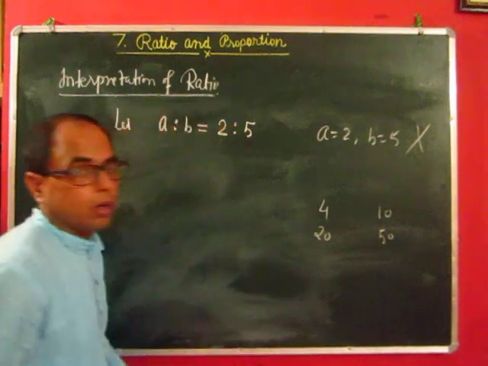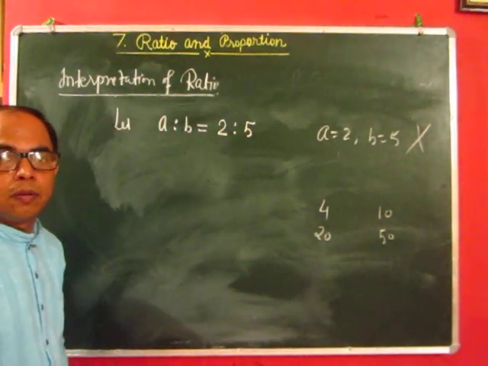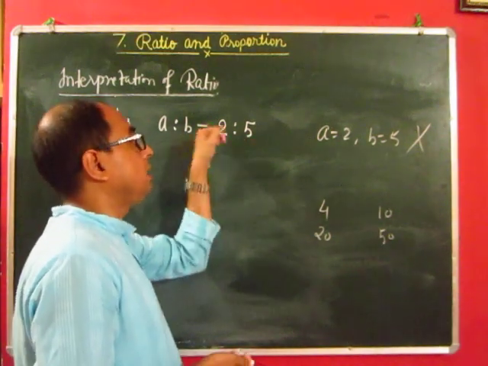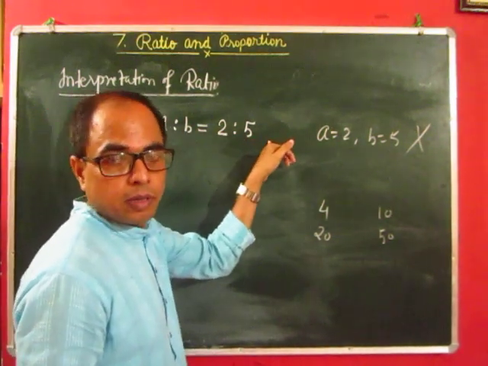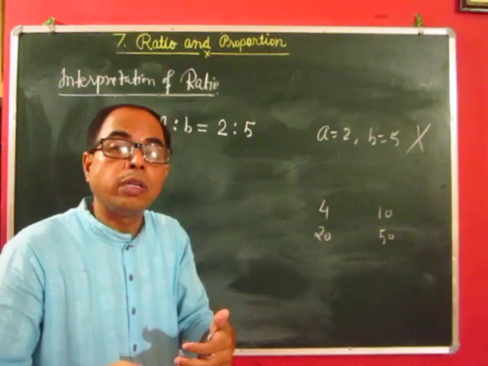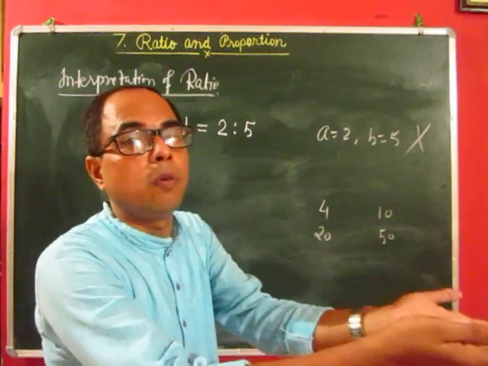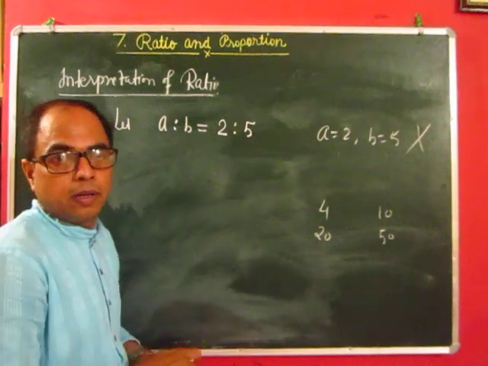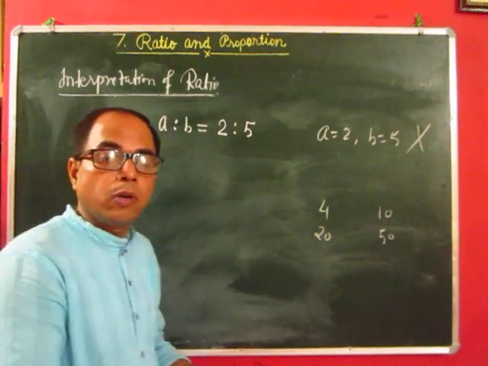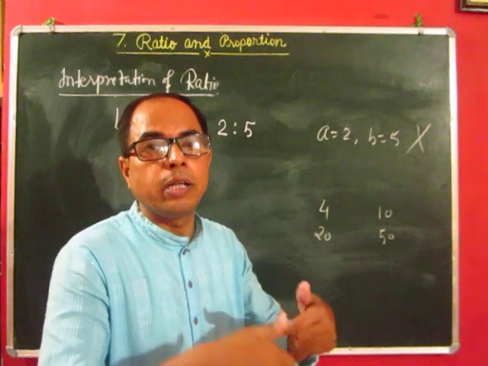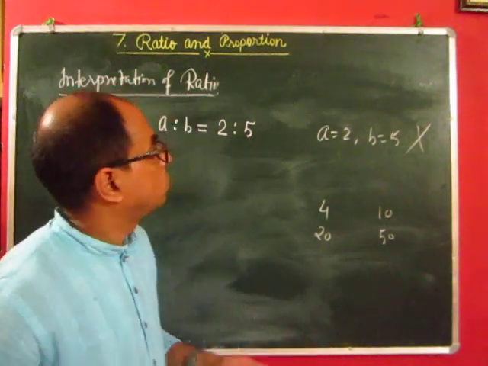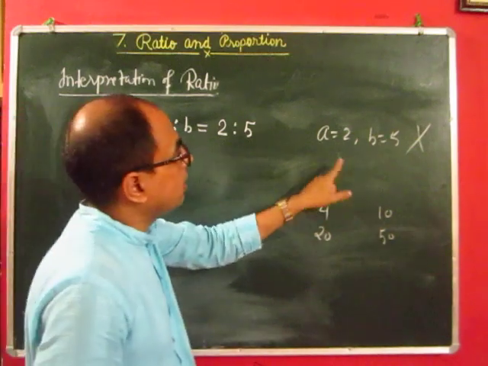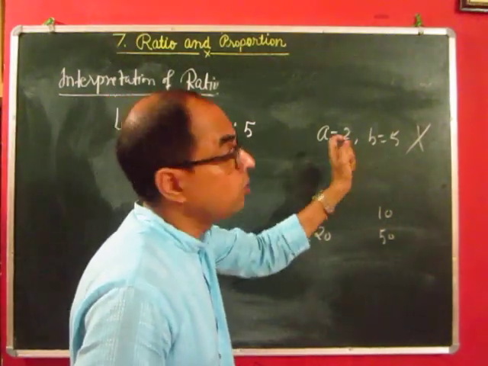This is wrong. It is the relative value. If A is 2, then B will be 5. But we do not know the value of A, so how can we find the value of B? Since we do not know the exact value of A, we cannot find the exact value of B also. So you cannot write A equal to 2 and B equal to 5. This will be wrong.